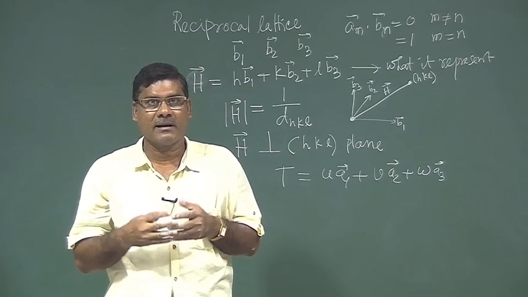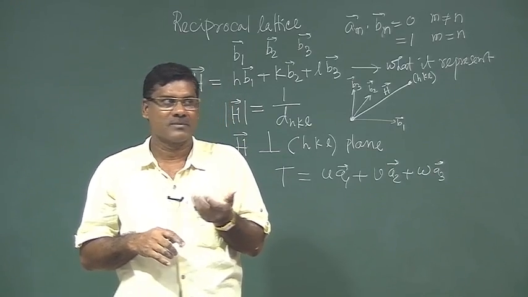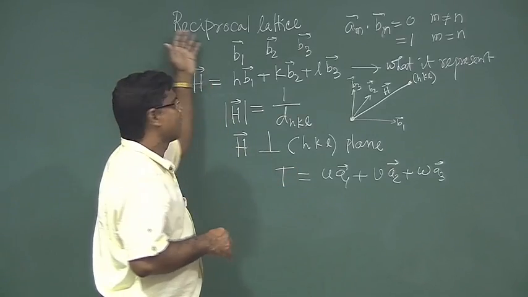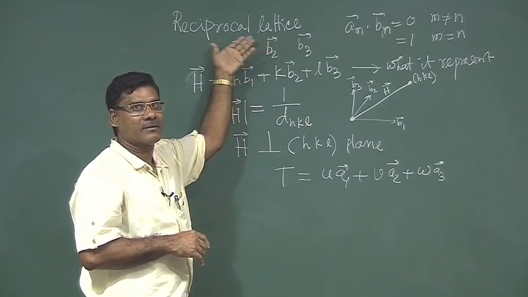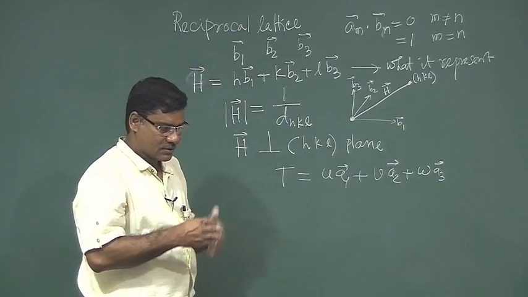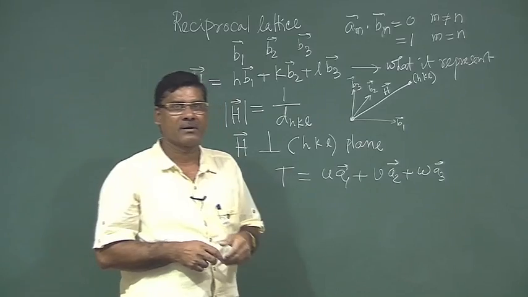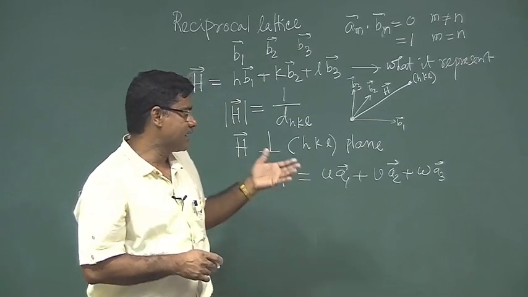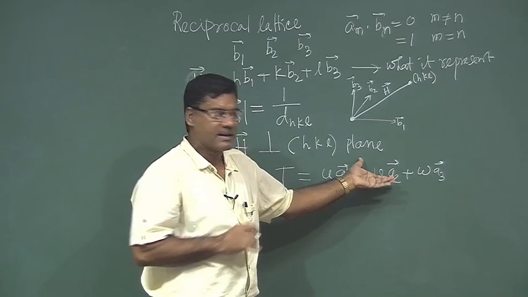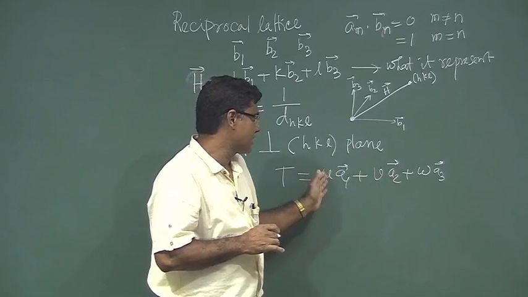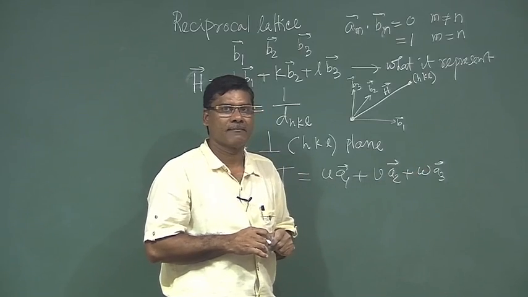in the space lattice. Now, we will call this space lattice a direct lattice. Okay. Because we have defined another lattice, that is called the reciprocal lattice. So, just to differentiate these two, this space lattice will be called the direct lattice. In the direct lattice, whatever points we have, we can designate using just the coordinates u, v, w, okay.